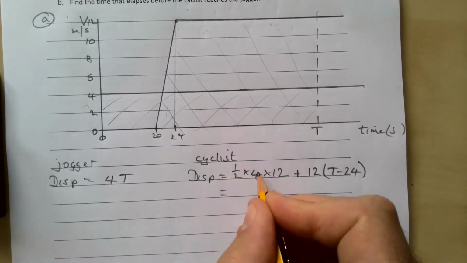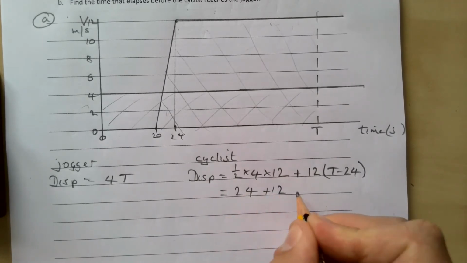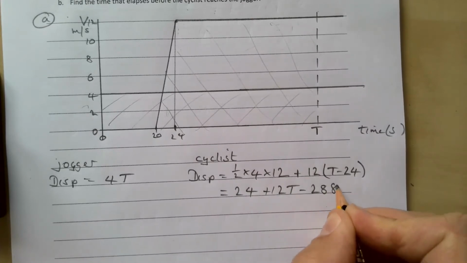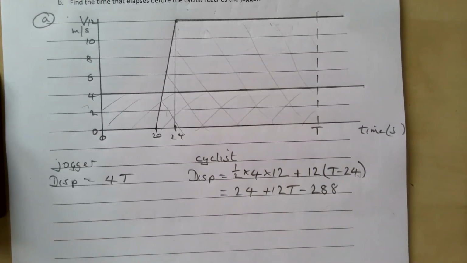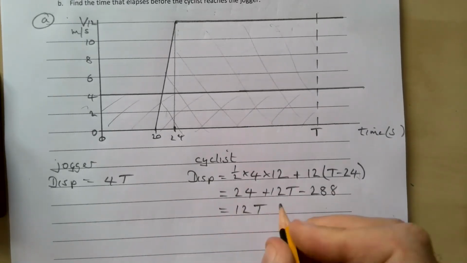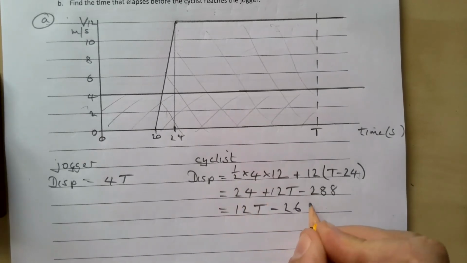Let's do some sums. A half times 4 times 12 is going to be 24, plus 12t minus, I think that's 288, isn't it? If you do 12 times 24, and we end up then with that. So how far has the cyclist travelled? We can tidy it up again, can't we? 12t, and then minus 288, we have 24 minus 288, that's minus 264.